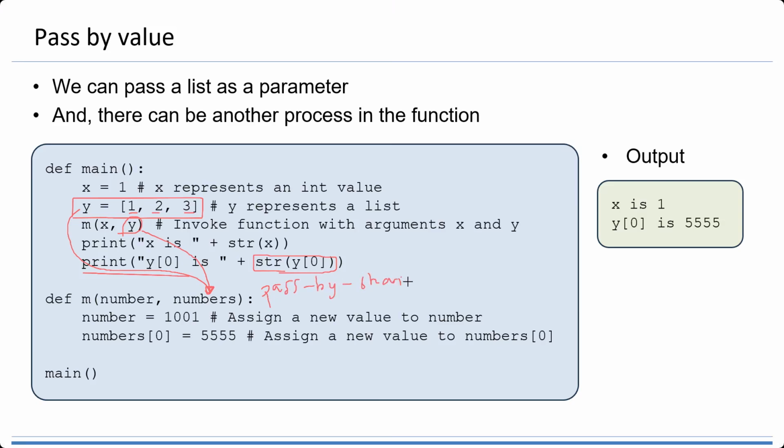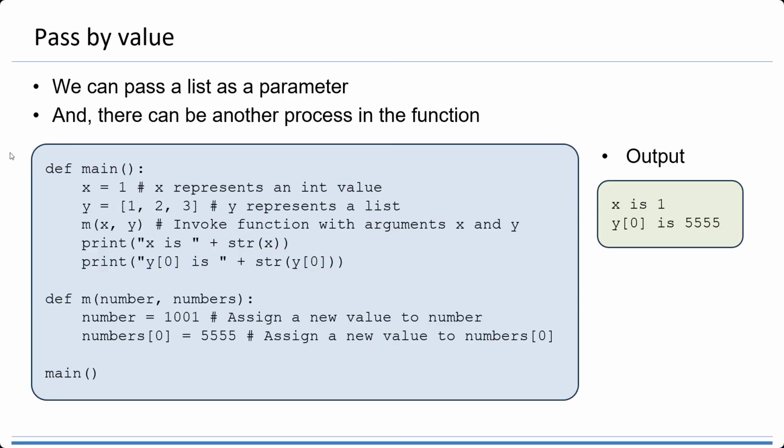We share the reference of this list. And then when we update any element in this list, which is the index 0, originally it is 1, and then it has been updated into 5555. This will also be updated in y. So when you print this one, you will get the value 5555.